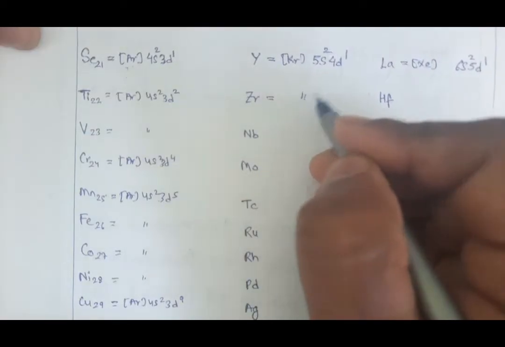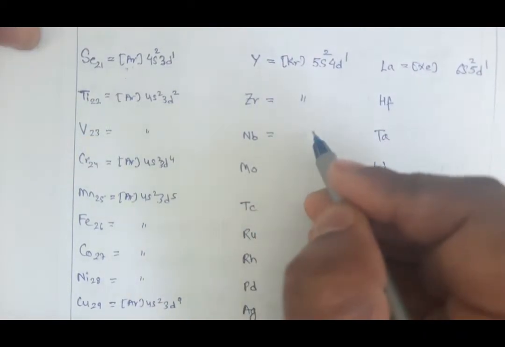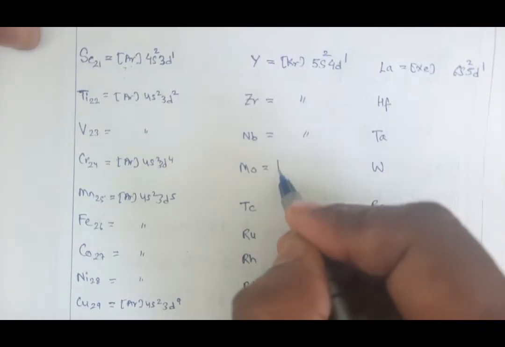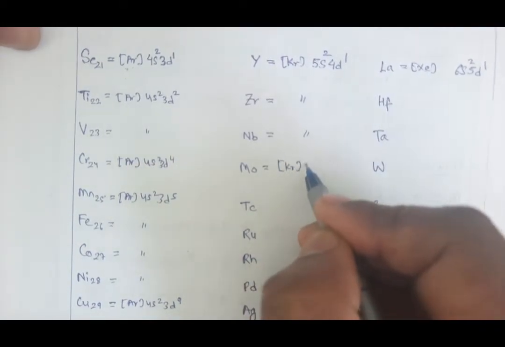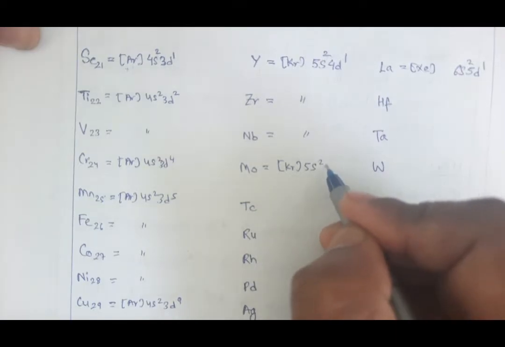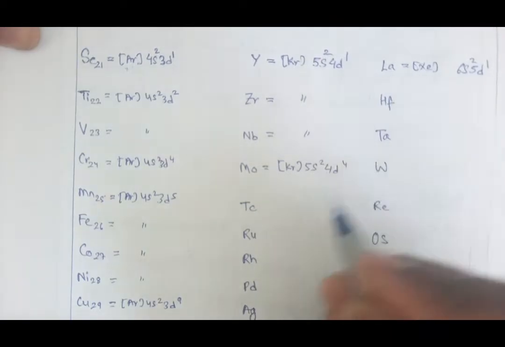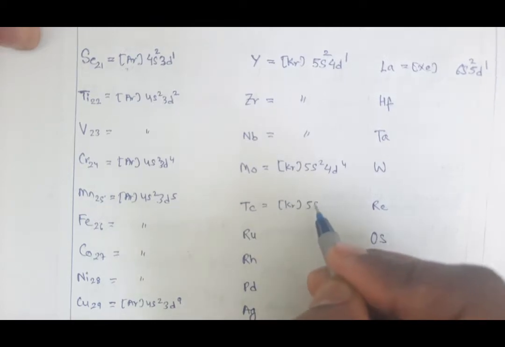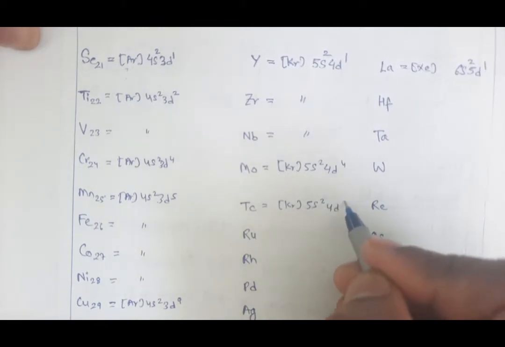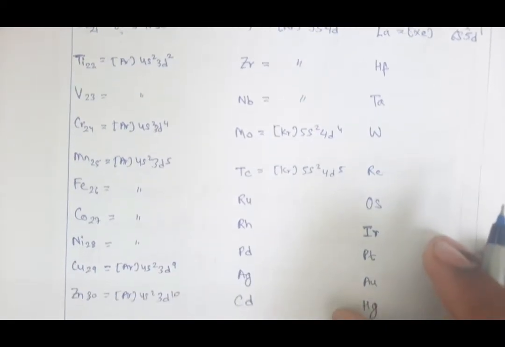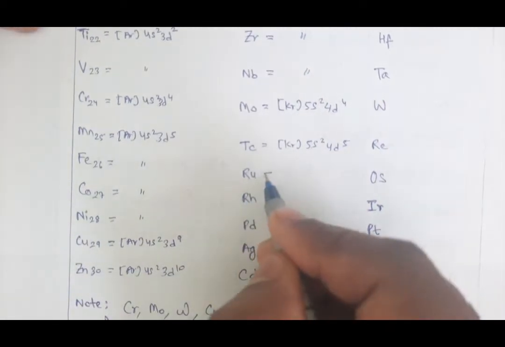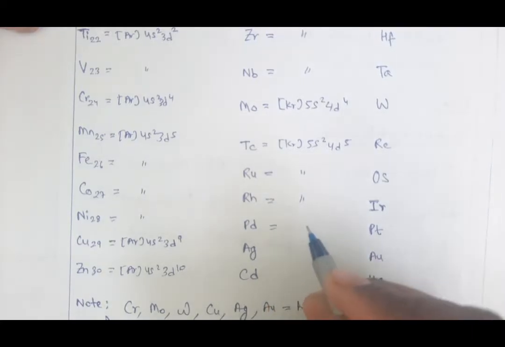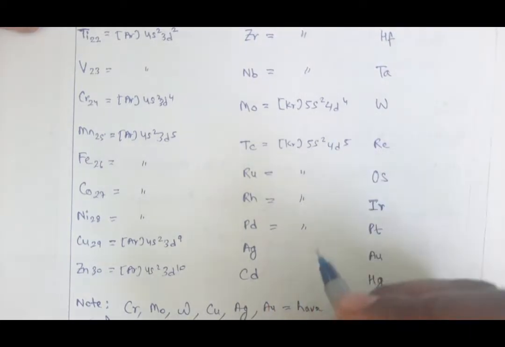Now how to make it for this? It will be the same, but here it will be 42. For this it will be the same, it will be 43. So for this one it will become krypton 5s2, 4d4. Now when you do for this, it will become krypton 5s2, 4d5. Now if you go on in the same sequence, it will be 46, everything the same. 47, everything the same. 48, it will be d8 out here.